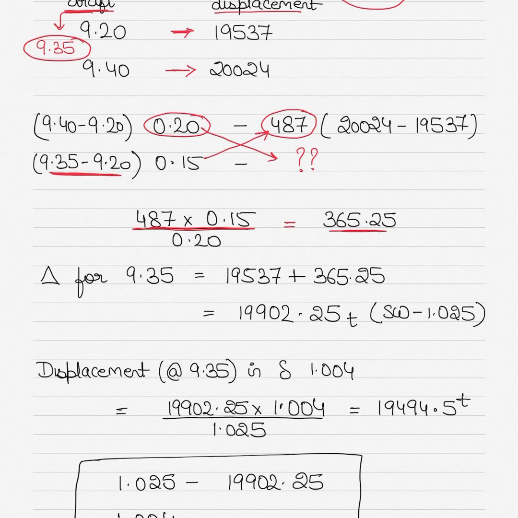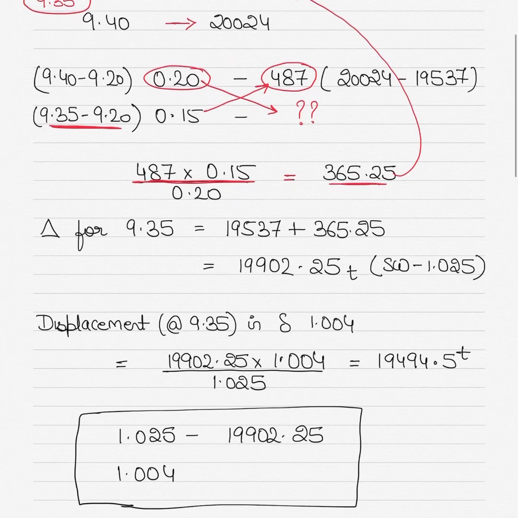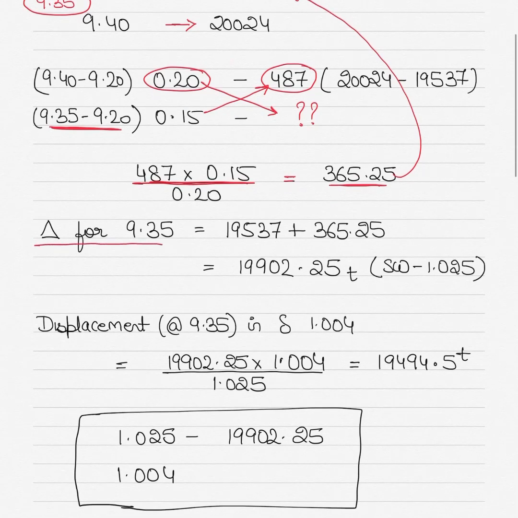This 365.25 is the change in displacement for a change in draft of 0.15 meters. You would be adding this to this displacement, because as you go from 9.2 to 9.4, the displacement is increasing. Displacement, and the triangle is actually a symbol for displacement.